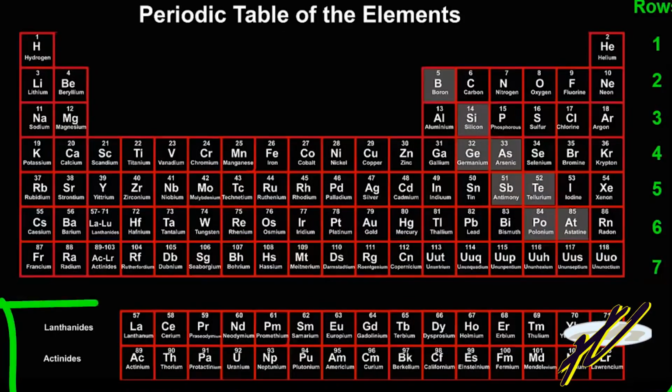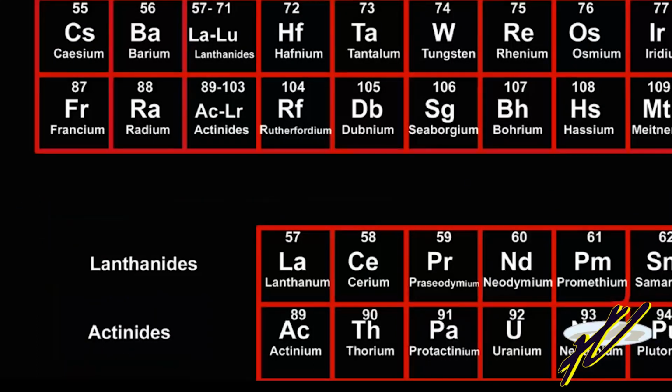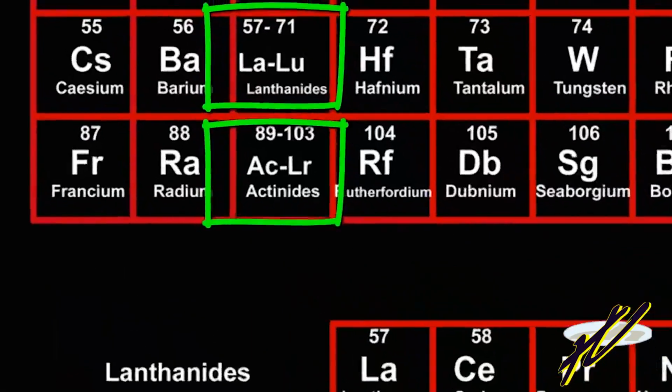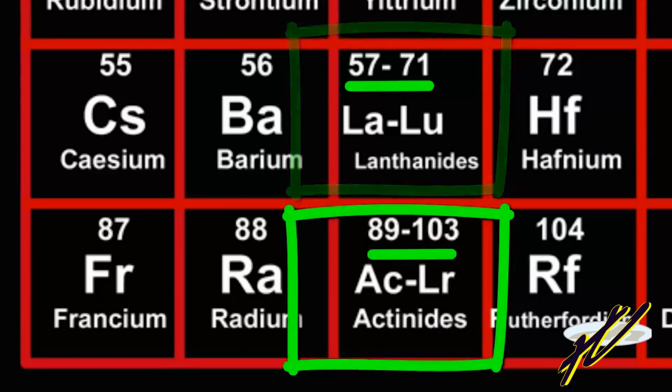What about these rows down below, called the lanthanides and actinides? Well, they really belong to rows 6 and 7 and should slot into these spaces. The lanthanides are elements 57 to 71 and the actinides are elements 89 to 103.